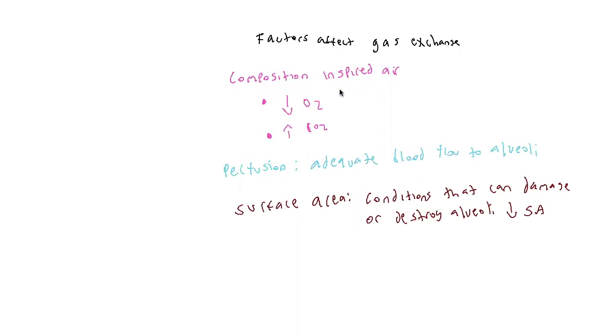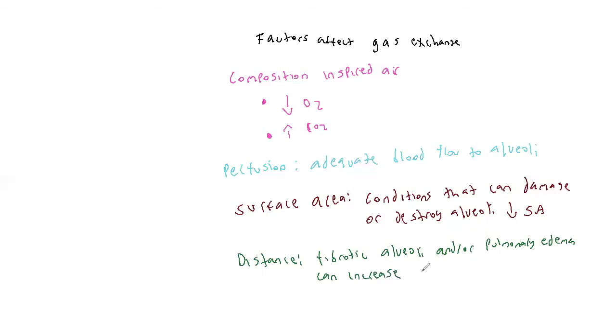And the next one, which is also very important, is distance. Fibrotic alveoli, meaning that they're thickened with additional tissue, and pulmonary edema can increase distance.